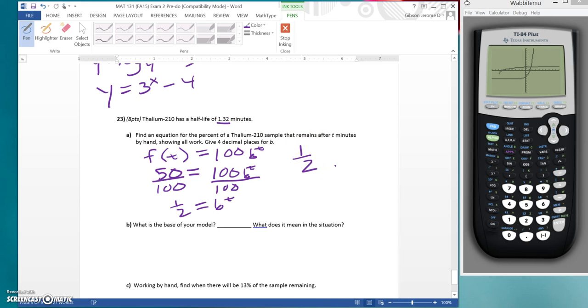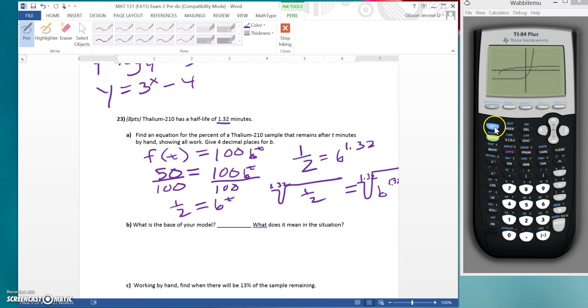So we would substitute in 1.32 for t. Now, remember, we want to solve for b. So this is what we would do. We would take the 1.32 root of 1/2 and the 1.32 root of b to the 1.32.